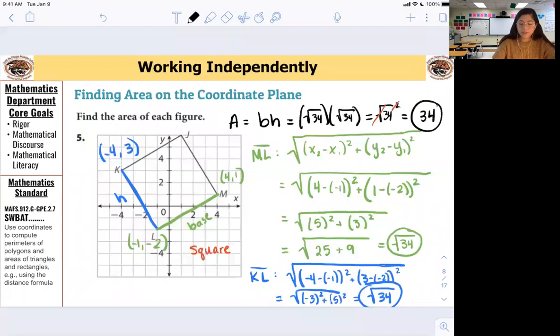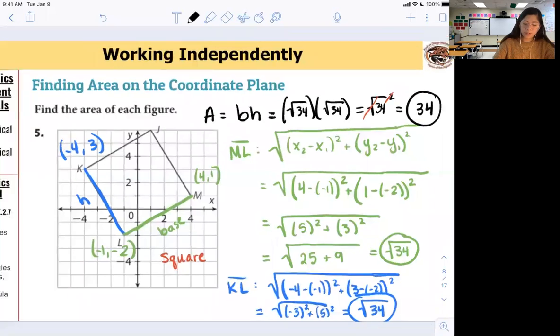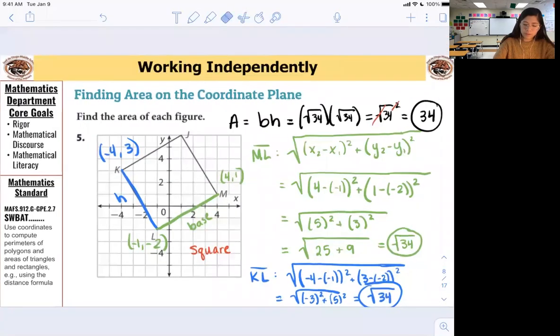If you actually do 34 squared, what's 34 to the power of 2? Put it into your calculator. 34 times 34, what's that? 1156.